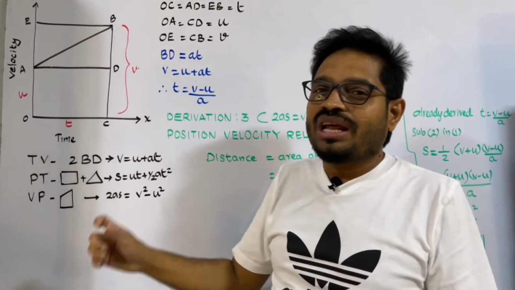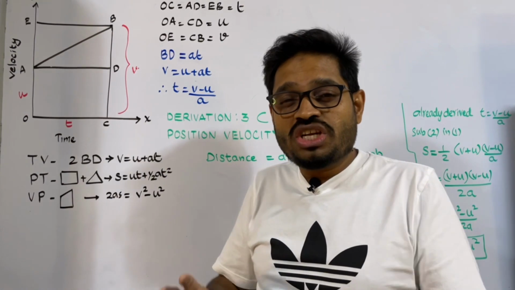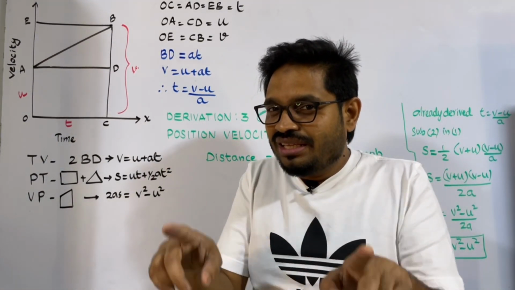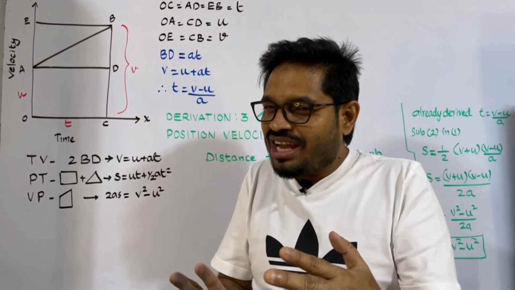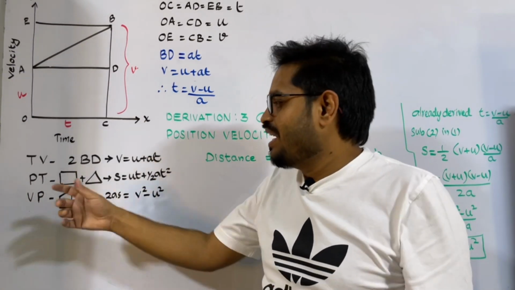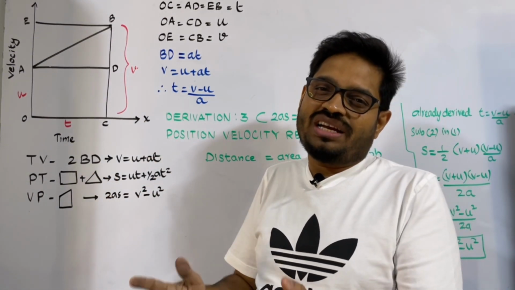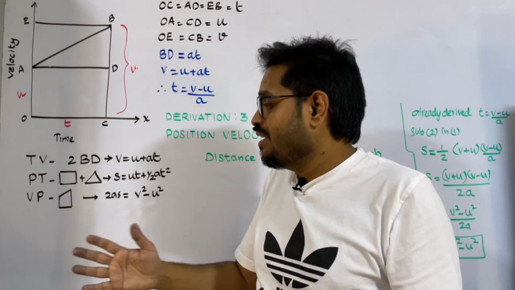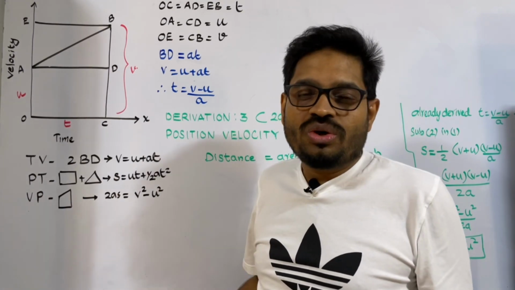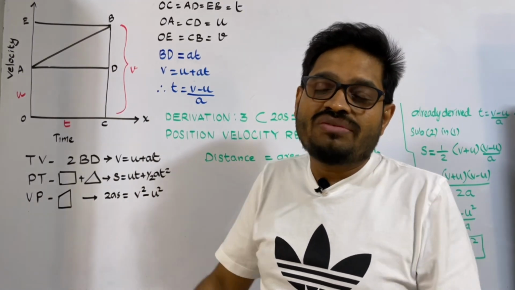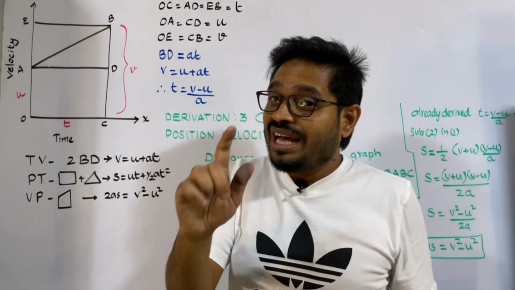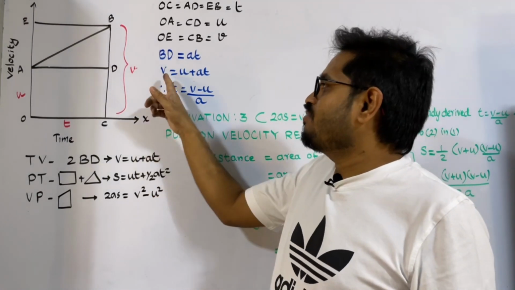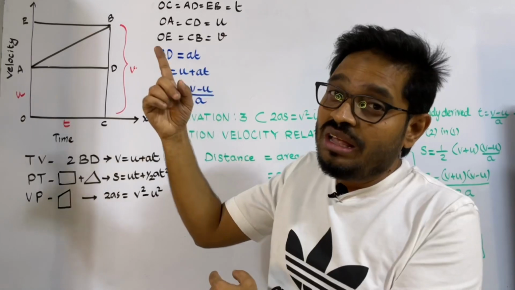If you have the derivation position and time, PT, you remember the PT teacher playing in the rectangular and triangular shapes, and then you bring the area of the rectangle equal to breadth into length and the triangle half into base into height, and then substitute all the values, you get s equal to ut plus half at square. On that one particular point you remember, the at you have to bring from BD equal to at, which is the previous one.